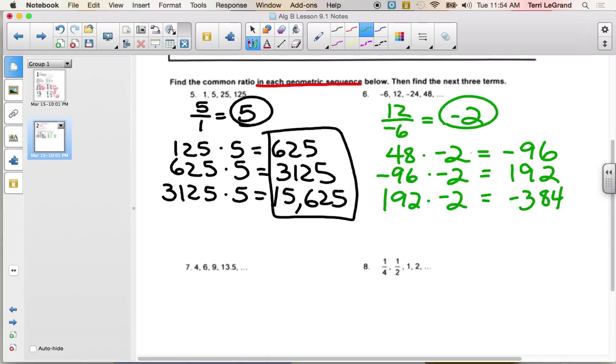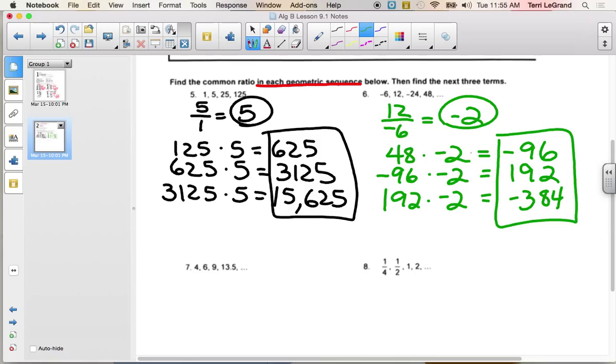-384. And then we look at our results and we say, does it seem reasonable that those are what I got? Let's look at what was going on. We have a negative, positive, negative, positive, negative, positive, negative. Feeling good about that? Without the negative signs, it's growing. Yes, without the negative sign, the absolute value, their distances, those are growing.